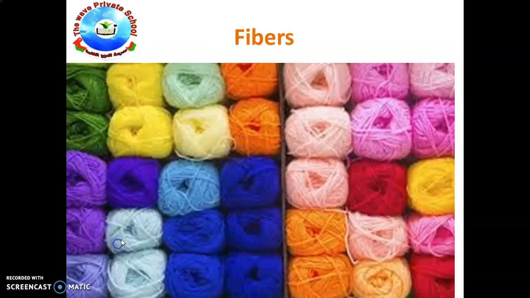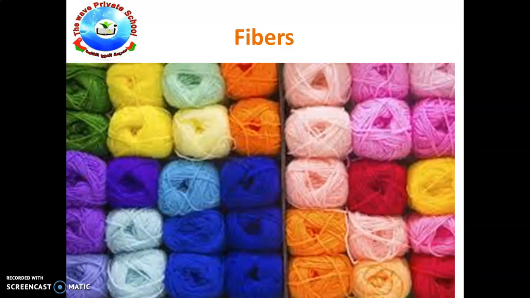The next material is fibers. We use clothes to protect our body from warm and cold conditions, and those are made of fibers. Fibers can be natural or synthetic. Natural fibers are made from living materials such as silk or cotton.